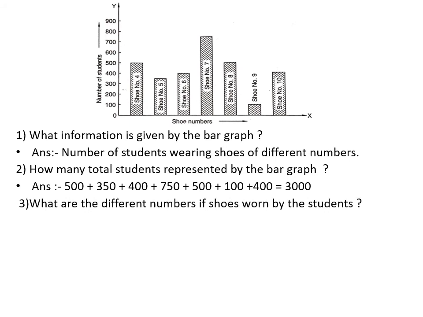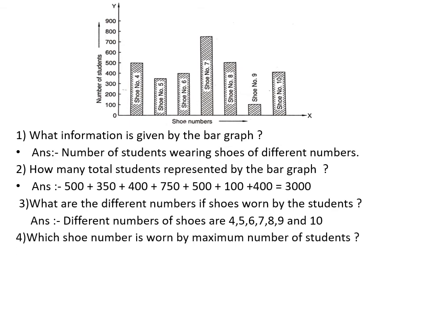Now what are the different shoe numbers worn by the students? The different shoe numbers are 4, 5, 6, 7, 8, 9 and 10. Now which shoe number is worn by the maximum number of students?